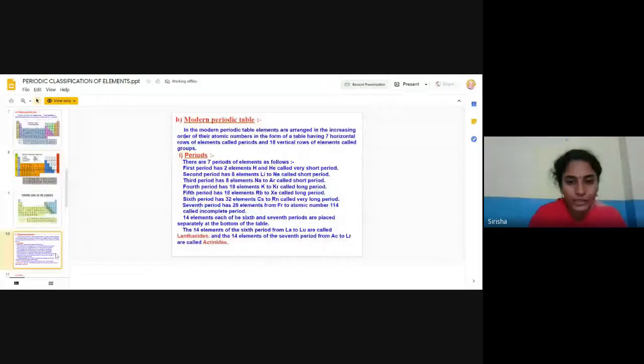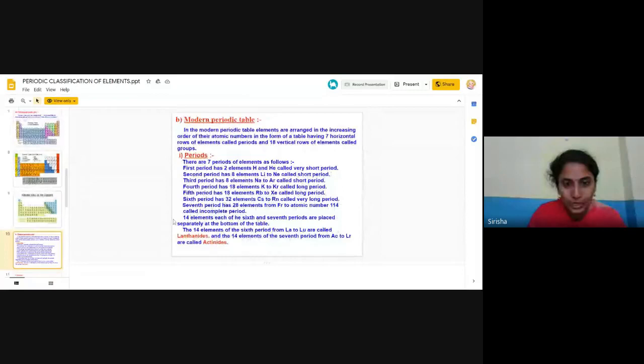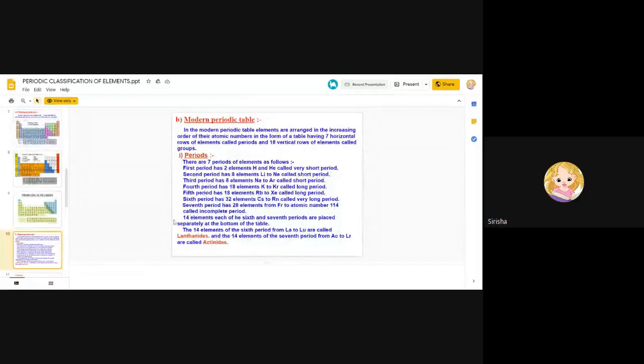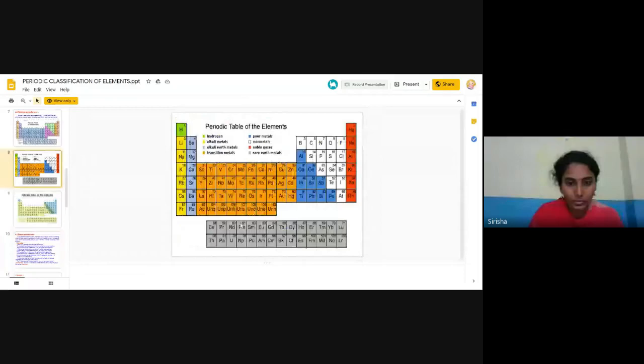14 elements each of the 6th and 7th periods are placed separately at the bottom of the table. So from the 6th period 14 elements and from the 7th period 14 elements have been separated, see here, and placed in the F block.